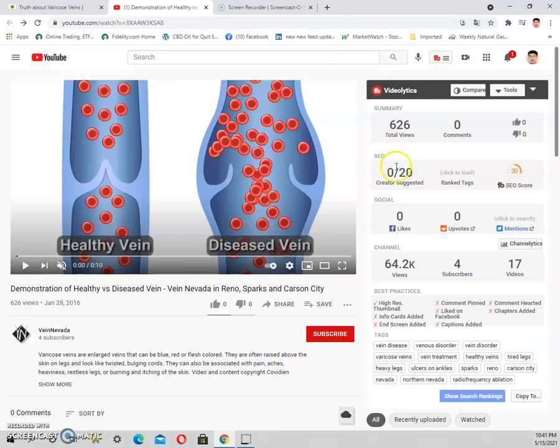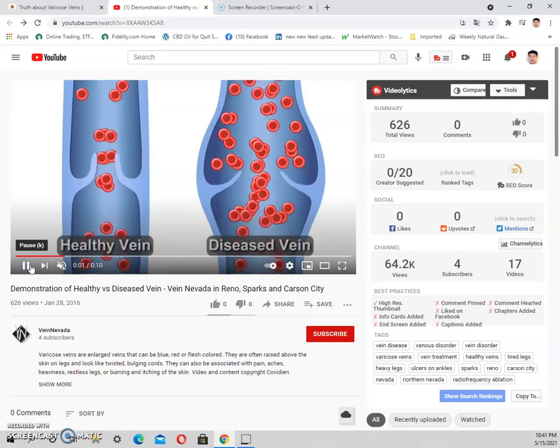But in a varicose vein, the valves are damaged, so they cannot close completely, so the blood will flow back. That's what causes varicose veins. Here you can see the picture.